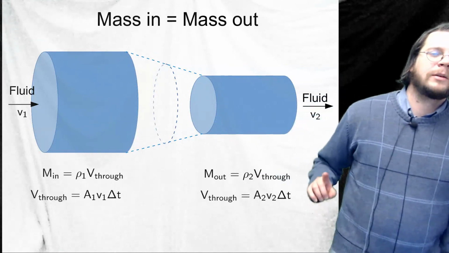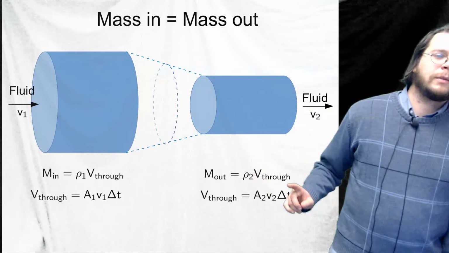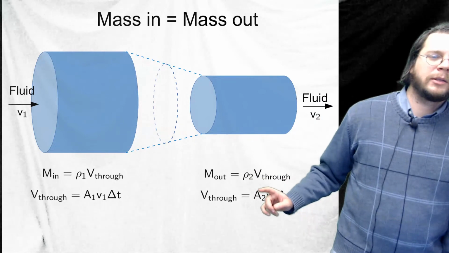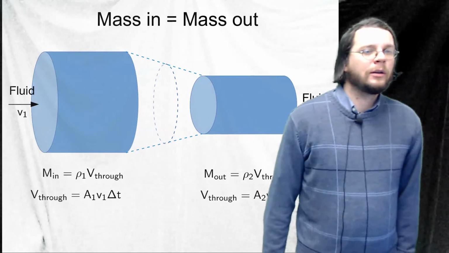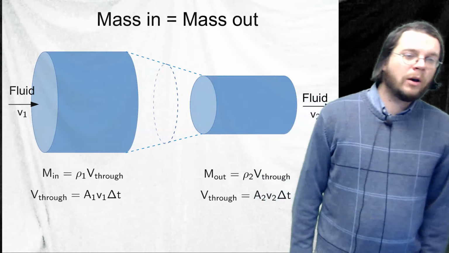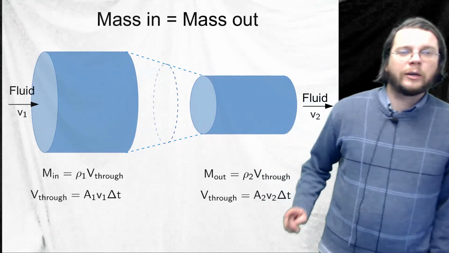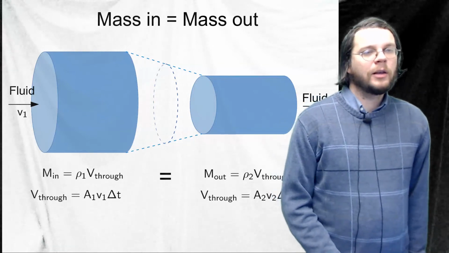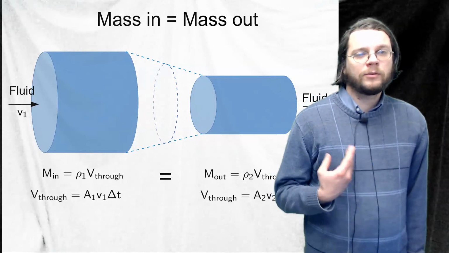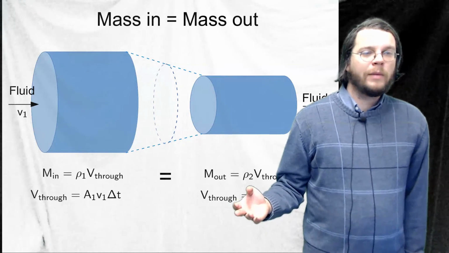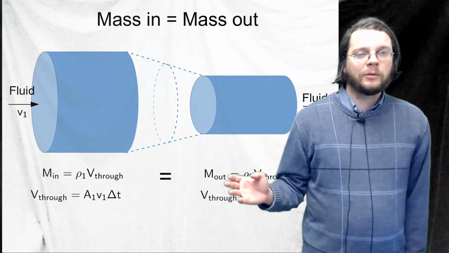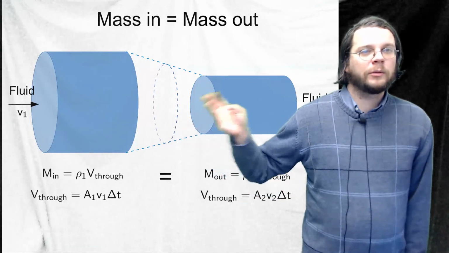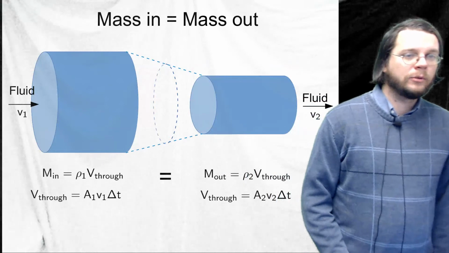You have some density here, some volume here, and over some period of time, delta T, you're going to have a certain amount of volume of water moving through, and it's going to move through according to how fast V2 is moving. And the key thing to realize is that if there's a certain amount of mass of liquid moving in, that same mass of liquid has to leave as well, because we're not going to store up water like a squirrel here. We're just going to keep on letting it flow through.